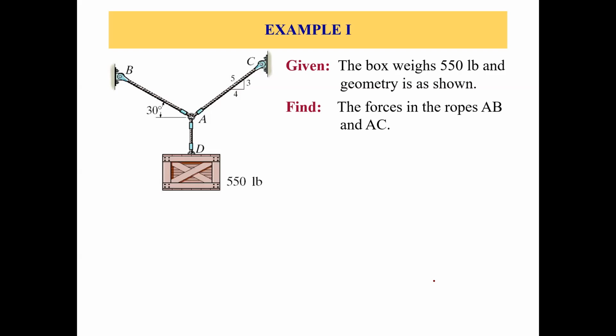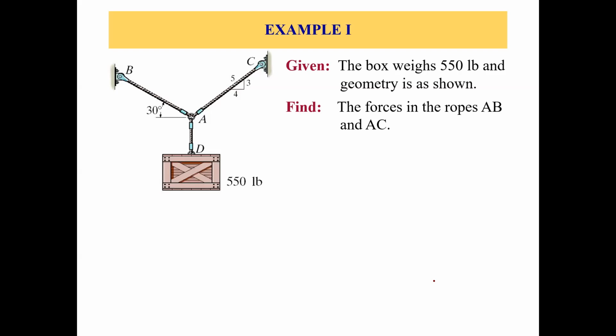The angles and the triangle ratio are given for AC and AB. There's a box at point D, which is hanging down, and the weight is 550 pounds, okay? So this 550 pounds weight is creating some tension in these three cables, right?